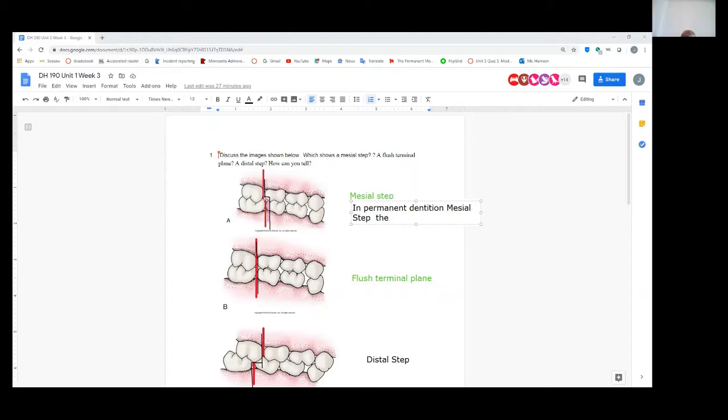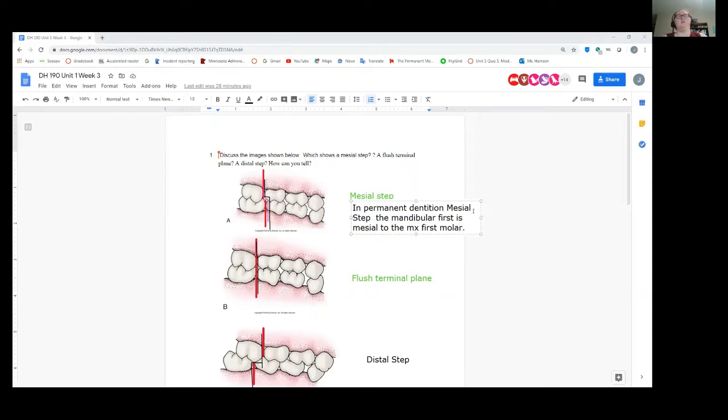So we go by which, go ahead. I was just gonna say the mandibular molars and the maxillary counterparts, or like the maxillary molars. So the mandibular first molar. Okay. We always go by the first molar. Is it going to be mesial or, oh, very good. Mesial to the maxillary first molar.